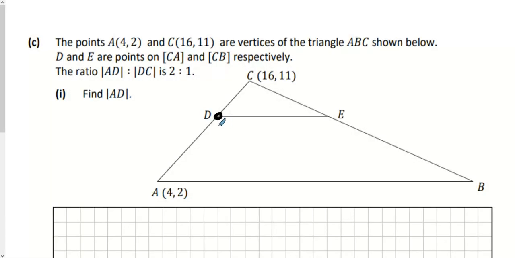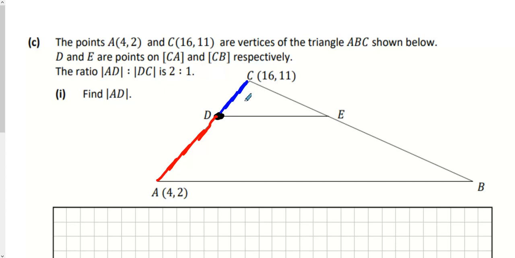Well, I'd love to know what the length AD is to begin. So I'm going to do my usual trick, all right? This length is twice, so the red line is twice the length of the blue line. Oh, that's easy.